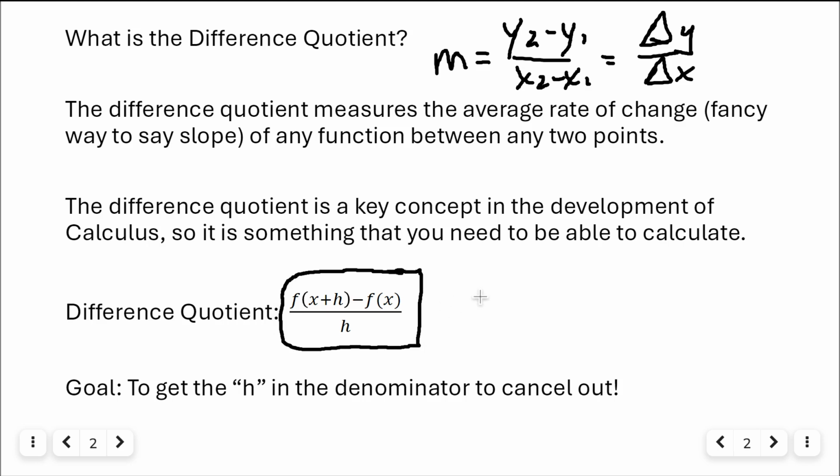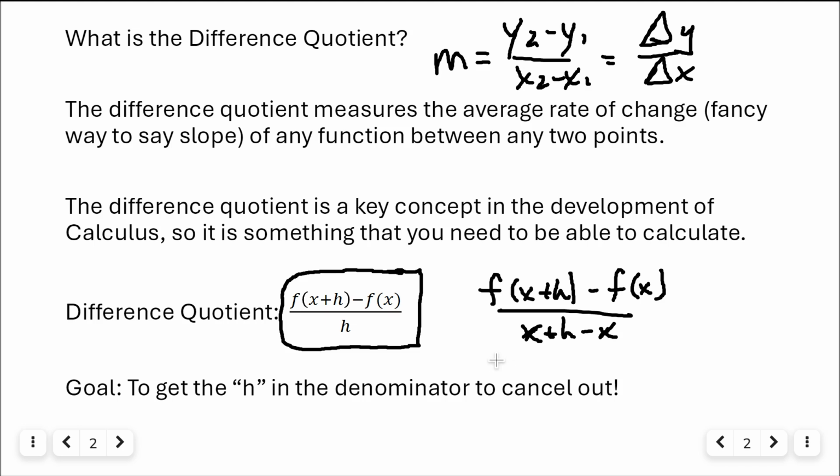Which you might be saying, well, it's y2 minus y1 over, there's only one thing in the denominator, right? So what this really came from is y2 minus y1 over x2 minus x1. That's how we ended up with just h in the denominator. These two x's ended up canceling out.